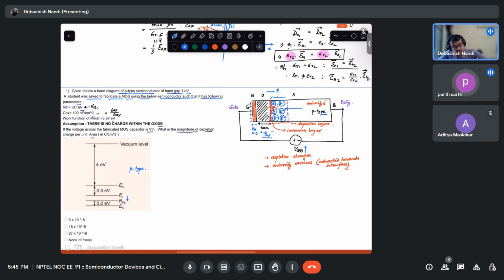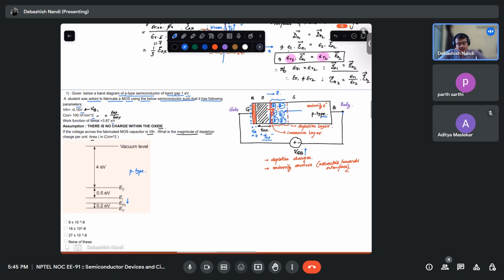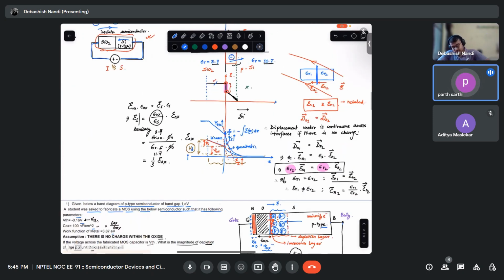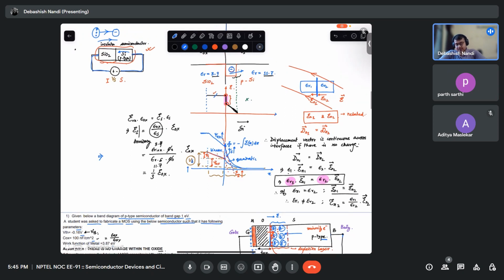Let's call it psi. Sorry, I was disconnected, I had joined again. So what I was telling is, when the charge is inverted, this part you have understood, right? The insulator semiconductor part.